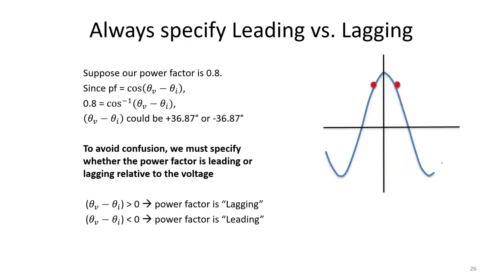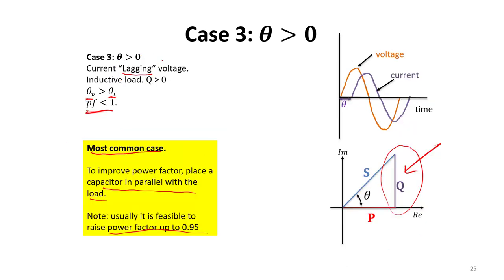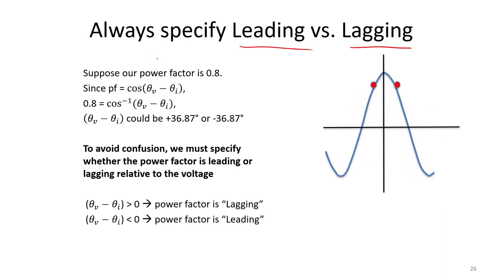So just a reminder, when you are working with power factors, you always want to make sure that you remember to specify whether your power factor is leading or lagging. Remember, leading or lagging allows us to distinguish between case 2 and case 3. So whenever you report a power factor, you should always specify whether it is leading or lagging.